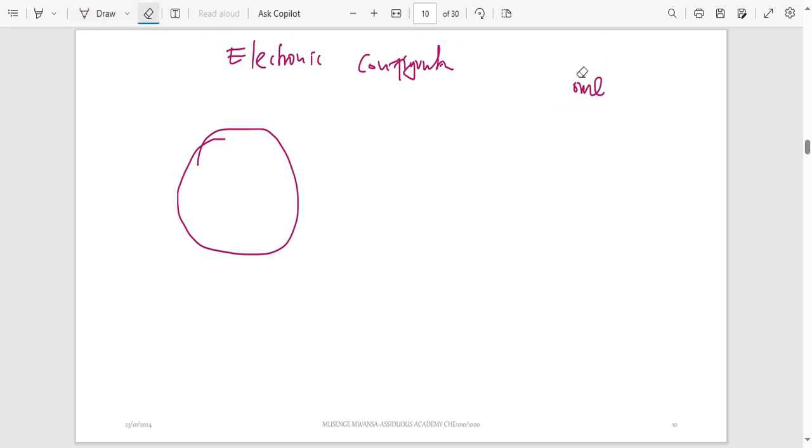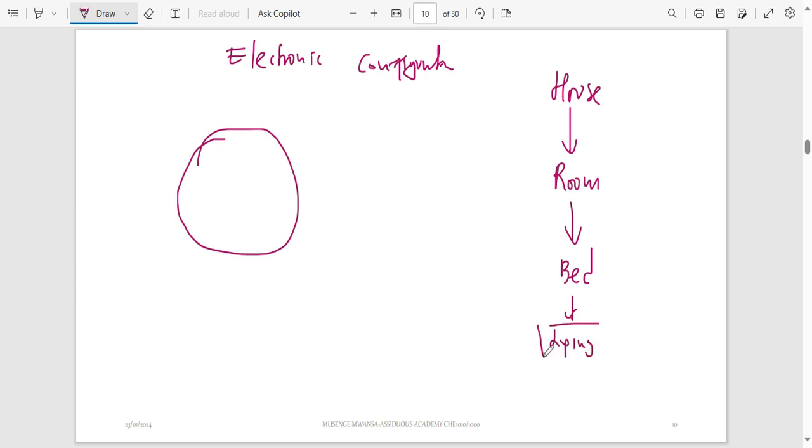You might say I am in my room. You are still not specific about where exactly in your room. You are going to tell me on your bed. Okay, you're on your bed. What are you really doing? What is your orientation? I am lying on the bed, because you can also be sitting. This is at least more specific.